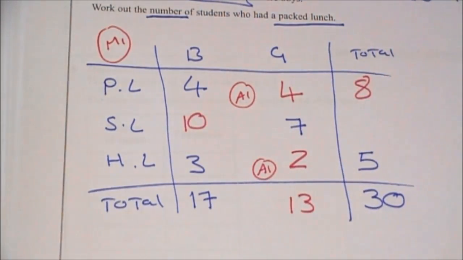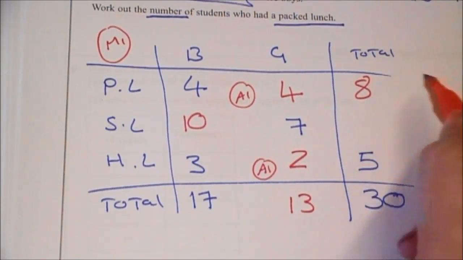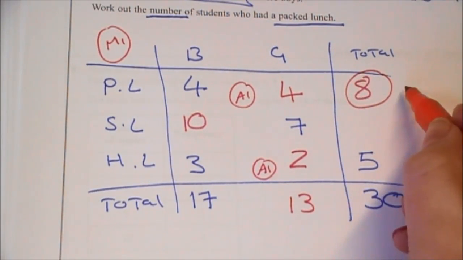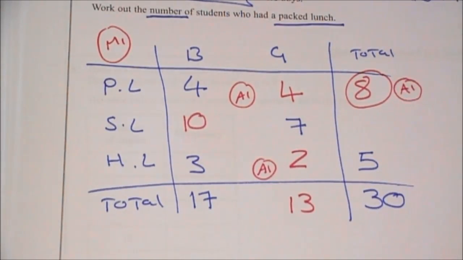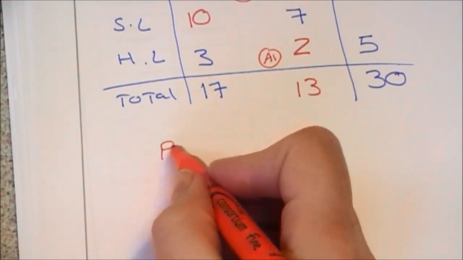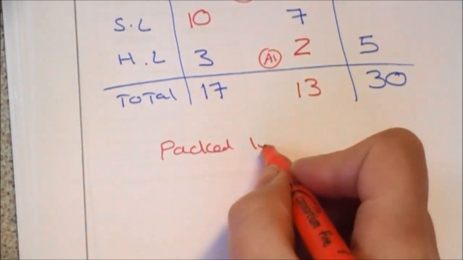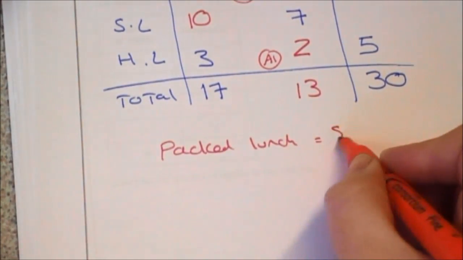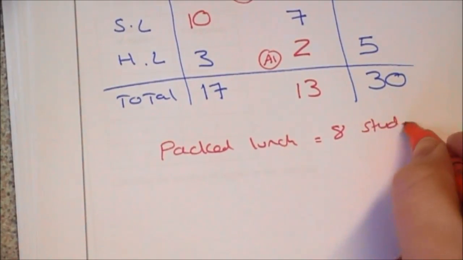You'd get the second answer mark for getting any one of those. And then you'd get your final mark for correctly identifying that there are 8 students that had a packed lunch. And I'm just going to make that statement down here. Packed lunch is 8 students.